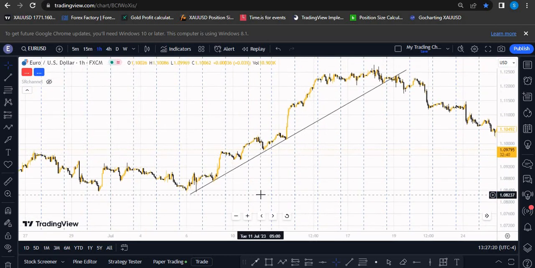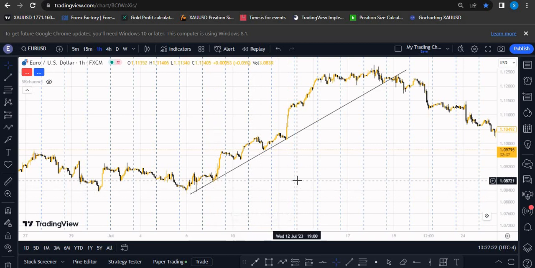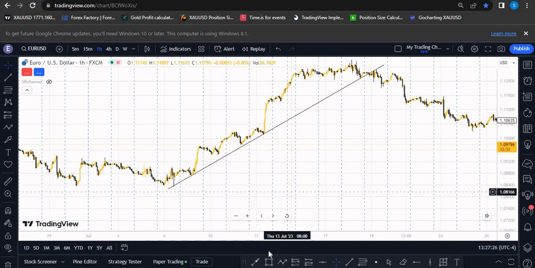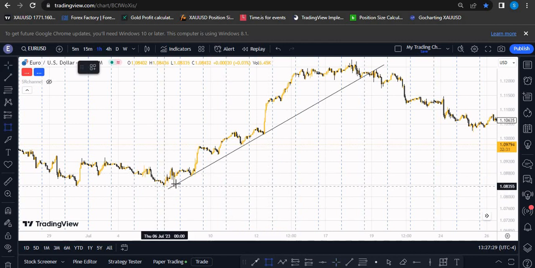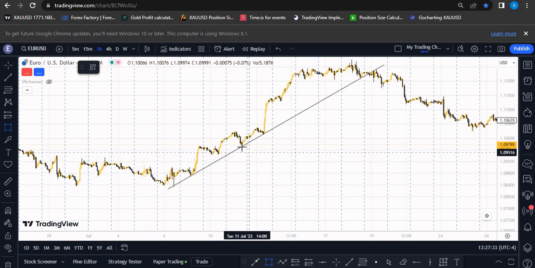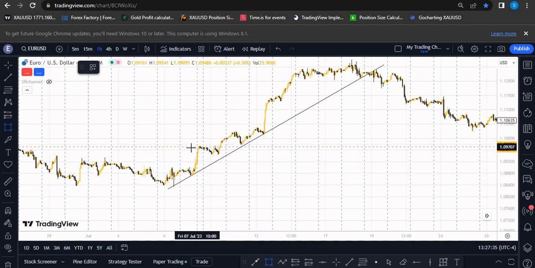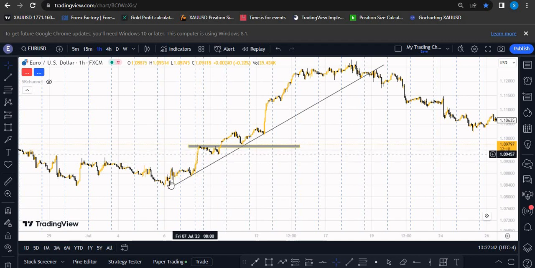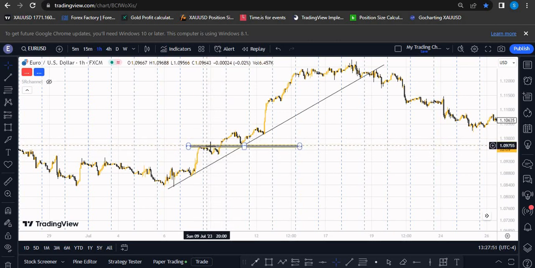Now let's say you want to use this trend line to take an entry for a trend line bounce. After the market touches right here, the trend touches right here, let's say we want to enter right at this area. The market comes back to this low, to this high right here. This is an aggressive move, and then the market trades back, creating a double top, and then breaks this high right here.